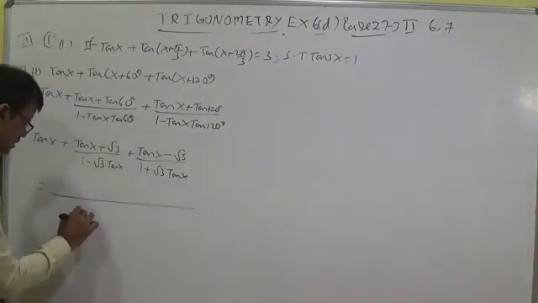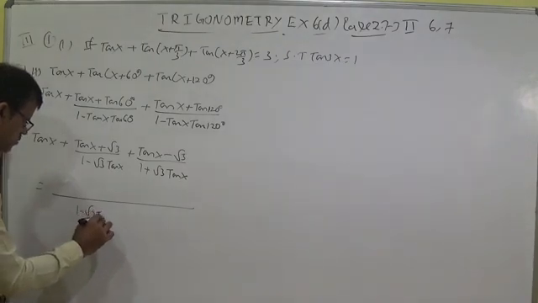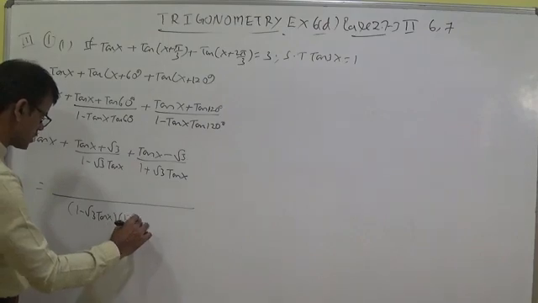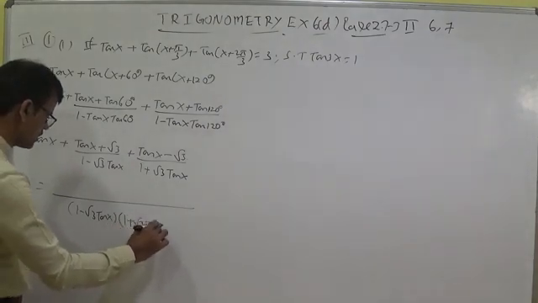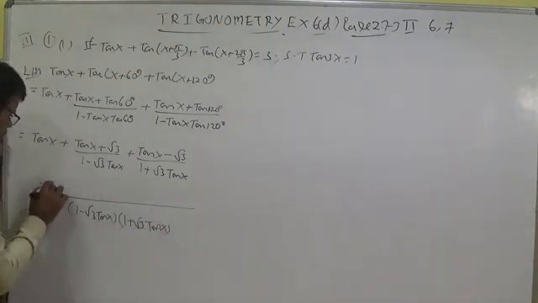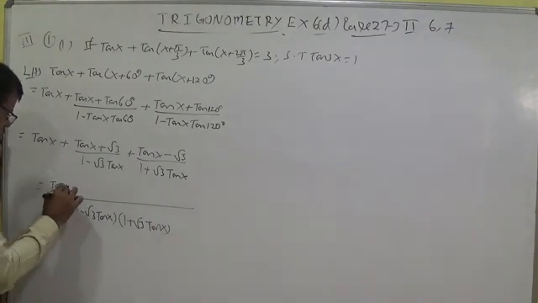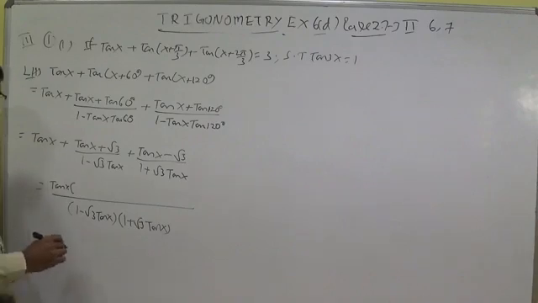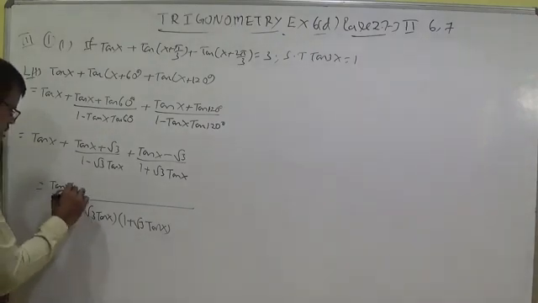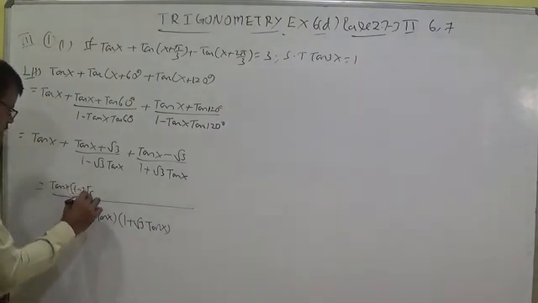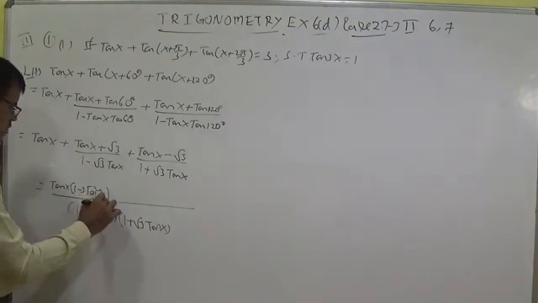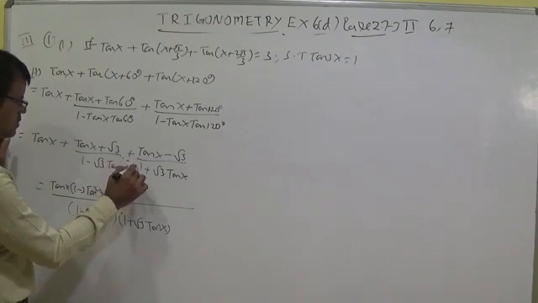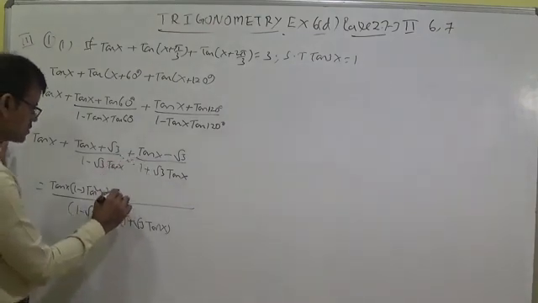Here the LCM is (1 minus root 3 tan x) into (1 plus root 3 tan x). You can understand here, this is of the form (a plus b) into (a minus b), a square minus b square. So tan x into, writing the LCM here, 1 minus 3 tan square x, plus this into this.